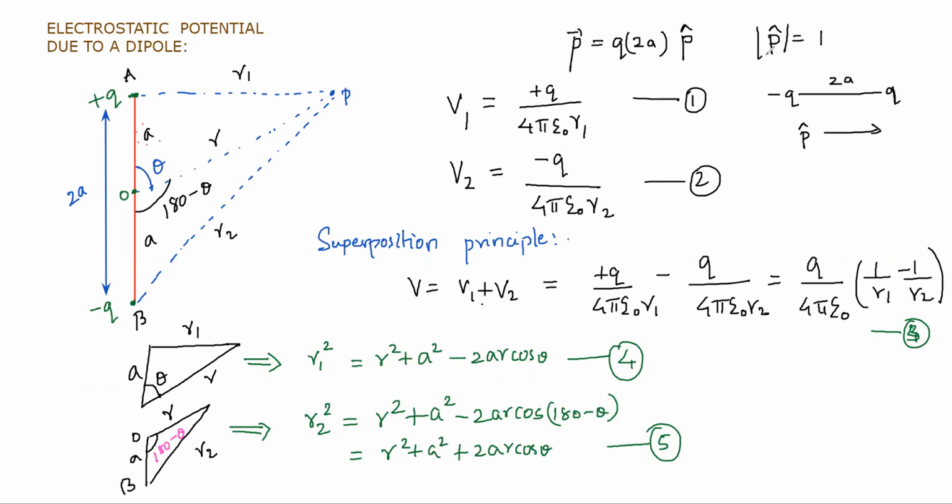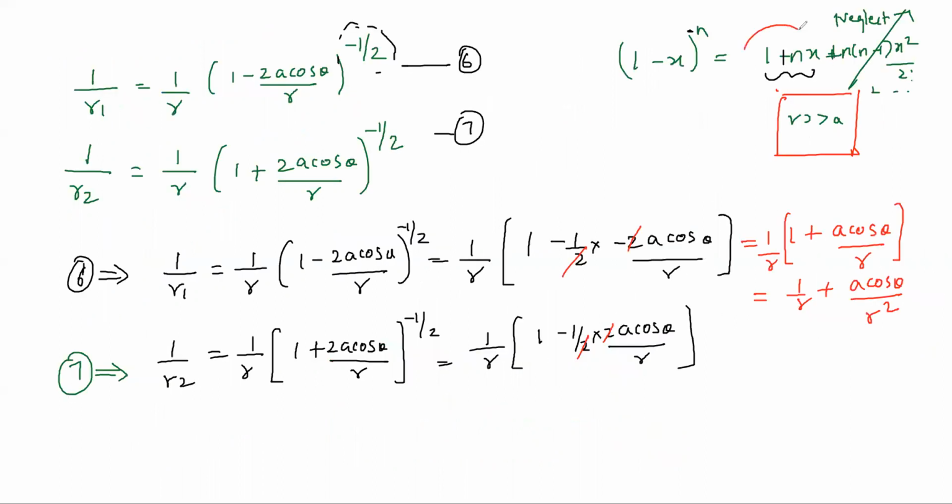The dipole length may be the size of a hydrogen atom, or very small, maybe micrometers or 1 millimeter. But when the point P is very far away, we can make this approximation. That's why we are neglecting this and considering only the first two terms.